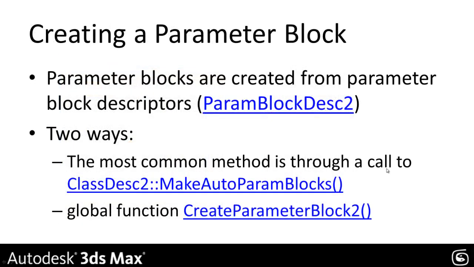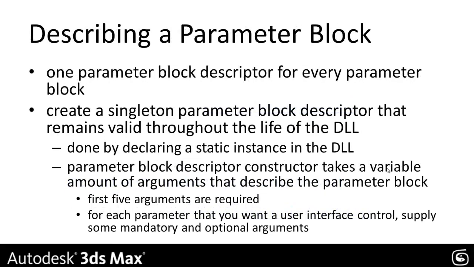So to create a parameter block, you're going to use these param block descriptors. There's two ways to actually get them constructed. The first is to call make auto param blocks, or there's a global function called create parameter block 2. So you have to describe a parameter block.